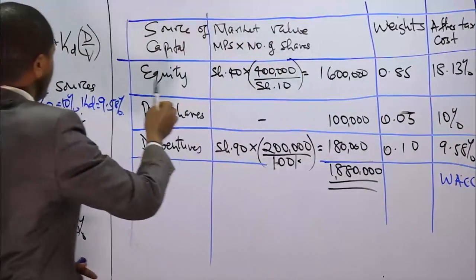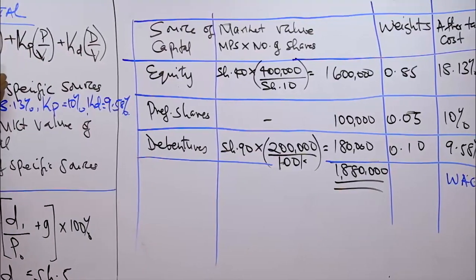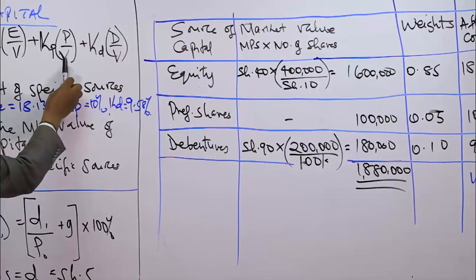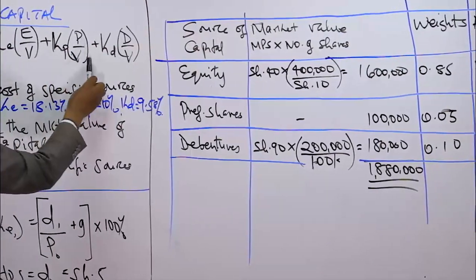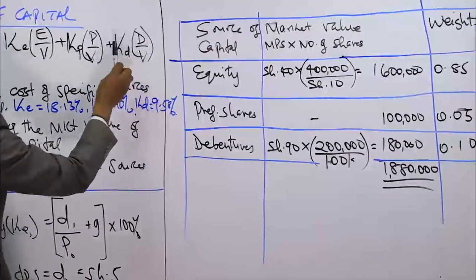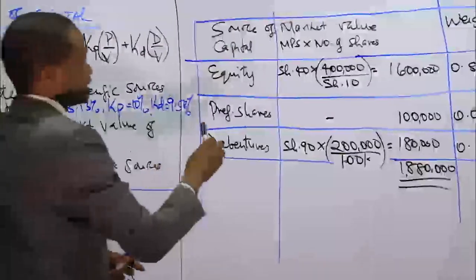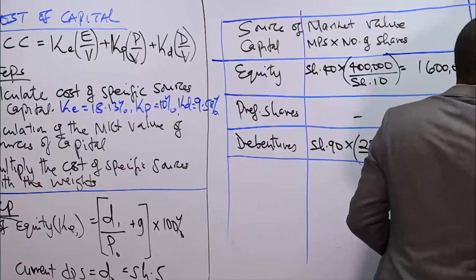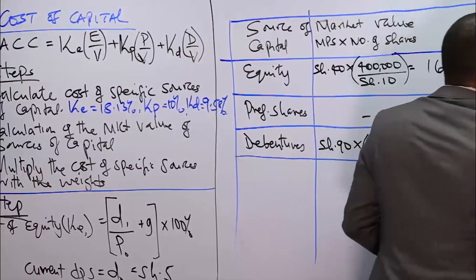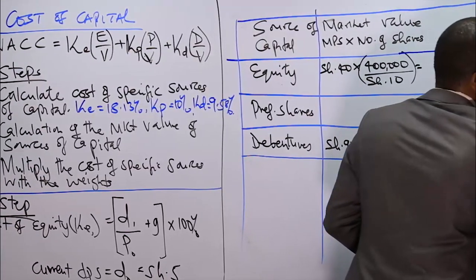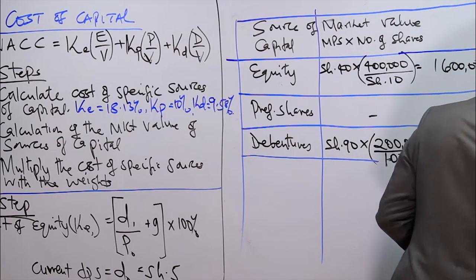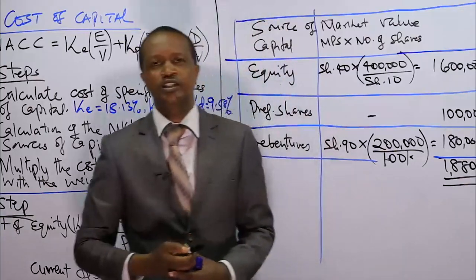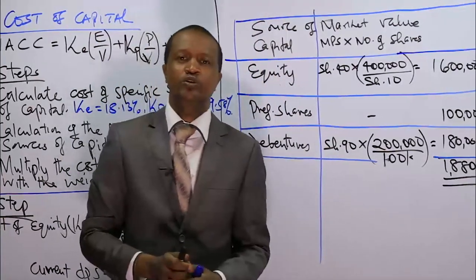The weight times cost plus weight times cost plus weight times cost. So we have added 15.41 plus 0.5 plus 1.0 to arrive at 16.91. So that is how to calculate the weighted average cost of capital.